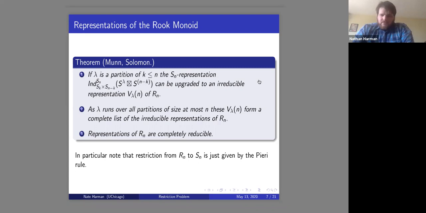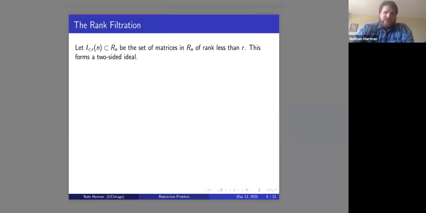All right, let me keep going. I'm going slower than I expected, but one thing this buys us is a nice filtration.